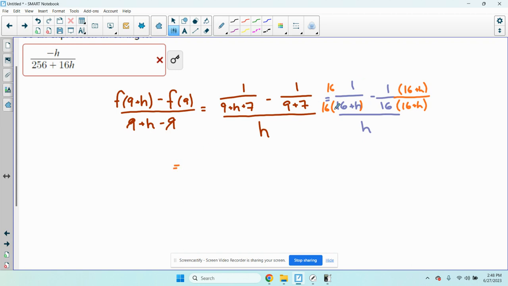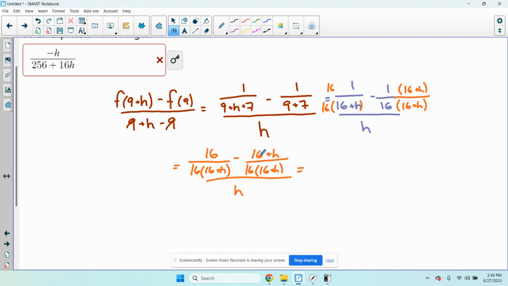So this first term here becomes 16 over 16 times 16 plus h, minus 16 plus h over 16 times 16 plus h, all over h. Now I can combine this top.